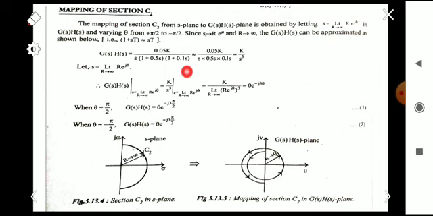So the expression is 0.05K divided by s into 0.5s into 0.1s, which is equal to K by s cube. This is our G(s)H(s).